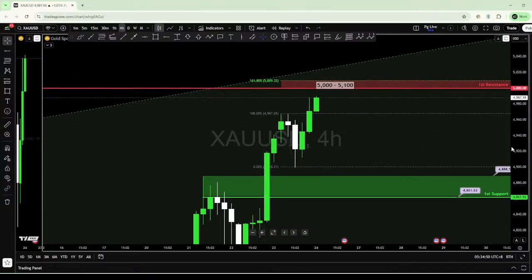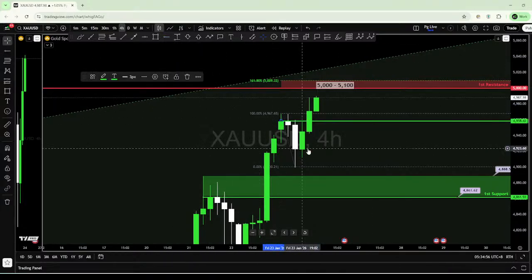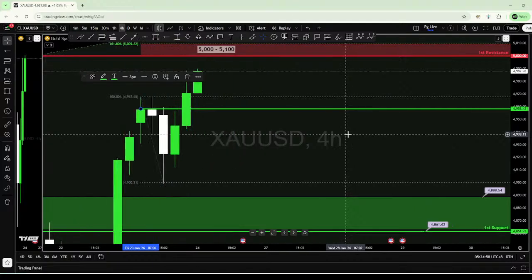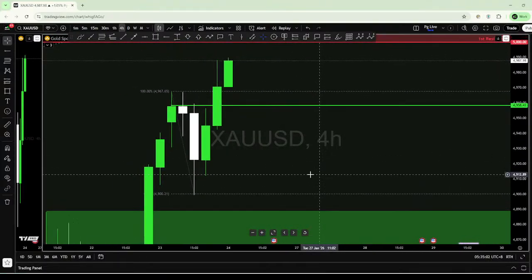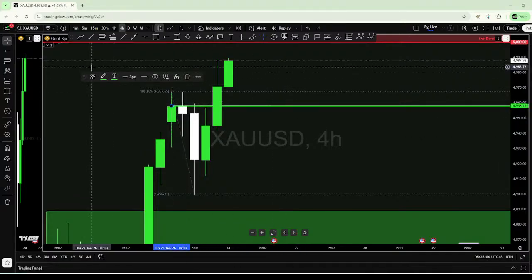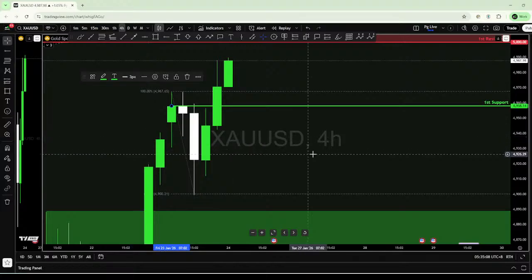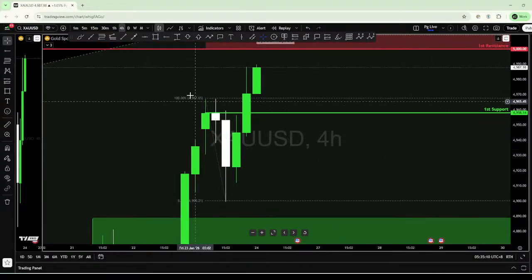This one, because price made the higher high, that will be 49.60, but I'm gonna put it at the zones. So I'll put this as my first support, and there's the body and the wick.